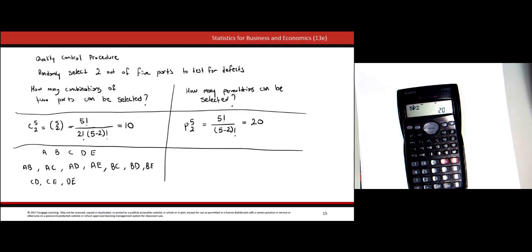How about the number of permutations, which is 20? Again, we label A, B, C, D, E. So what are those outcomes? Now order matters.